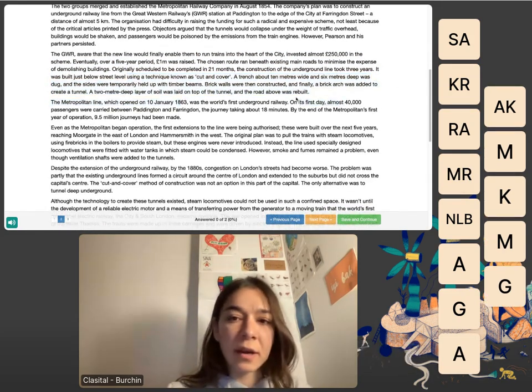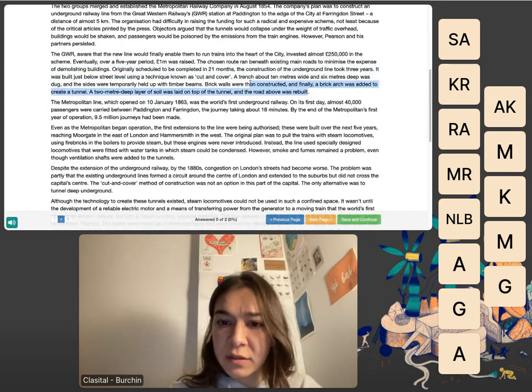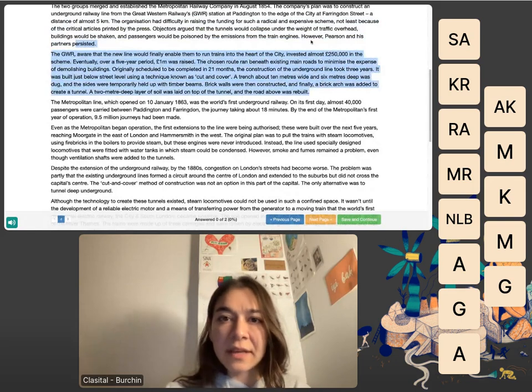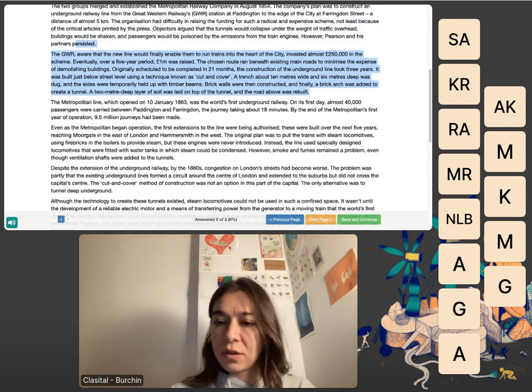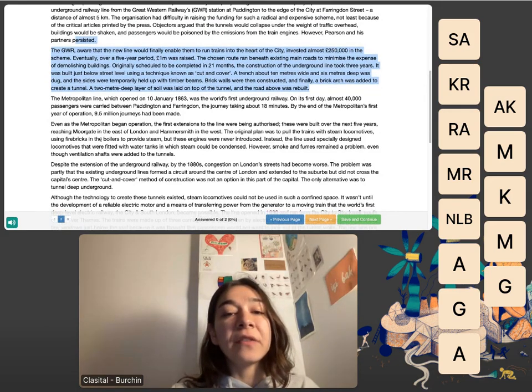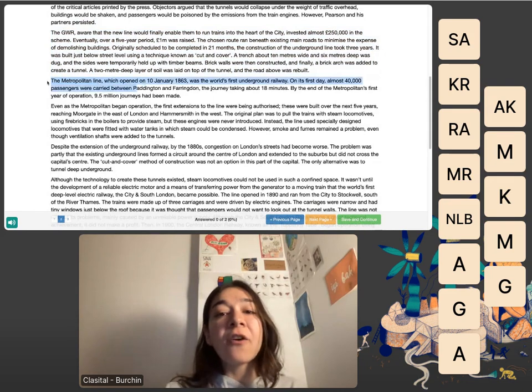On its first day, okay. Brick walls were then constructed. This is the construction. Yes, it was the next paragraph. It says the Metropolitan Line, which opened on, was the world's first underground railway.